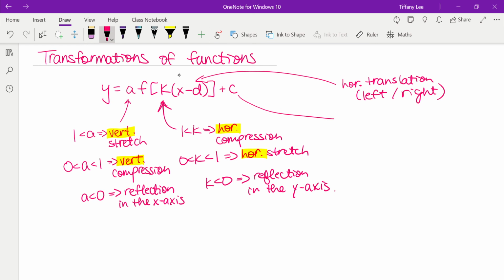And then lastly, c. c is your vertical translations, and that is up and down. So with a, k, d, and c, whatever the number is, it's basically going to tell you how it's going to transform your graph from your parent/original function.